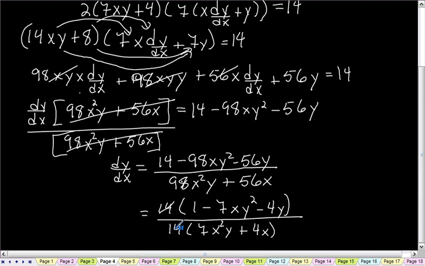So these cancel out. So our final derivative is 1 minus 7x minus 4y over 7x squared y plus 4x. That's my dy dx.